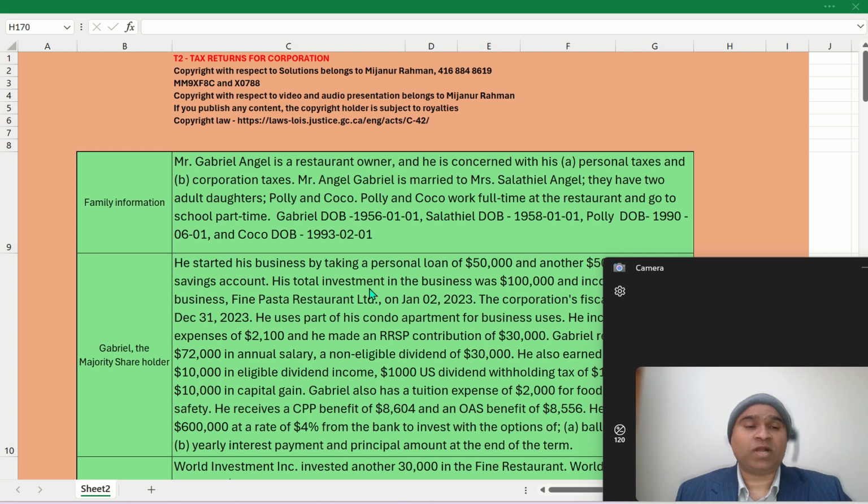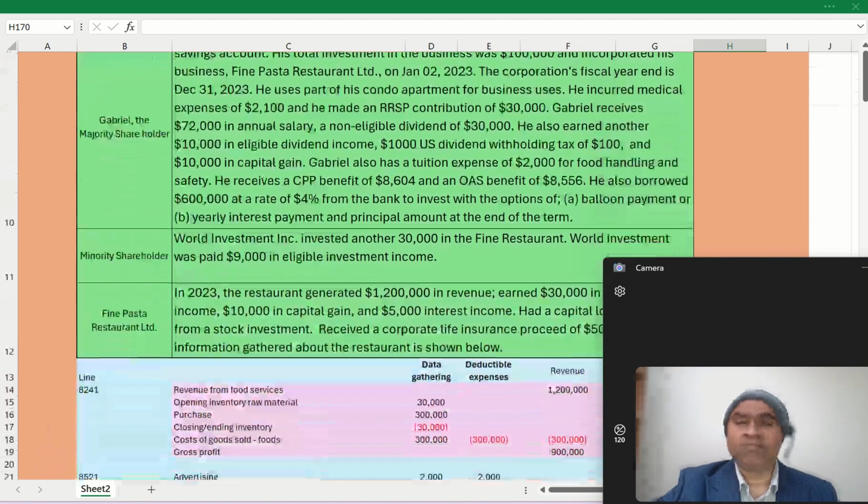I will only be focusing on active business income, small business deduction, adjusted aggregated income, and the capital gain, and also the RDOTH. So how is it different? Everything is the same up to here.